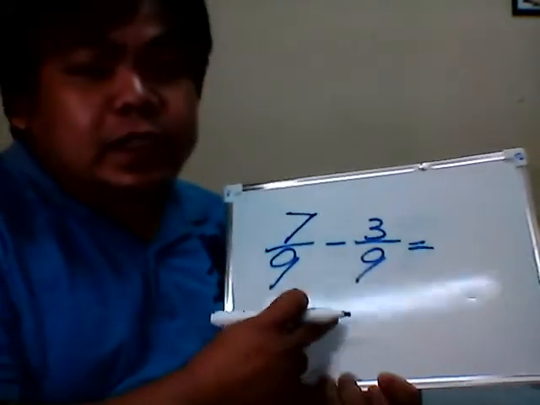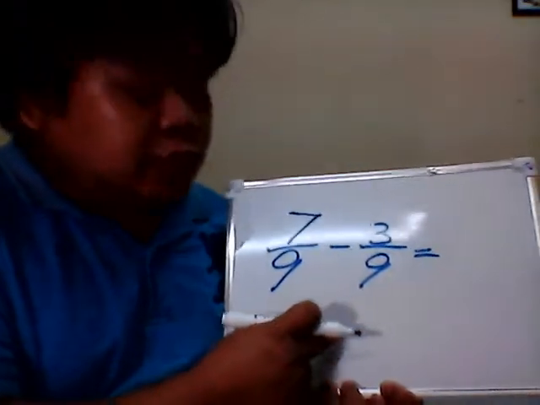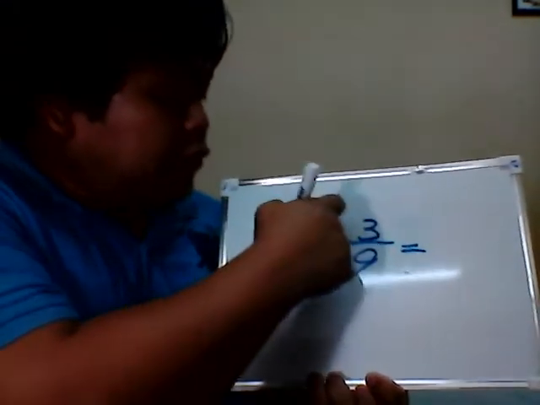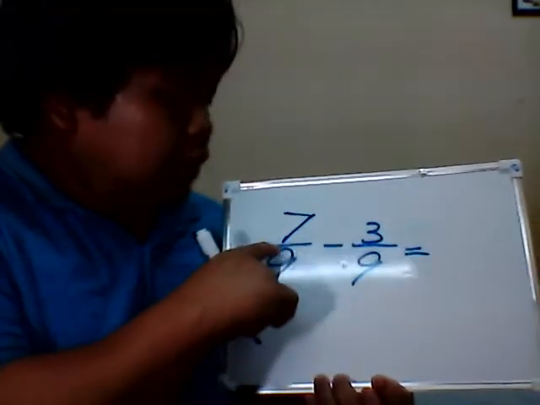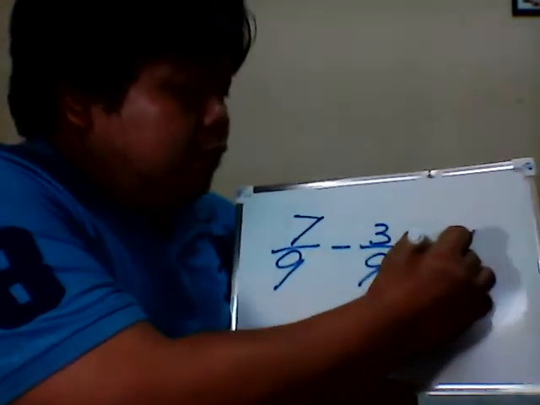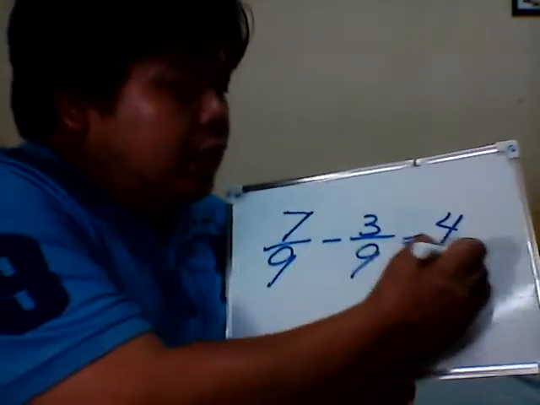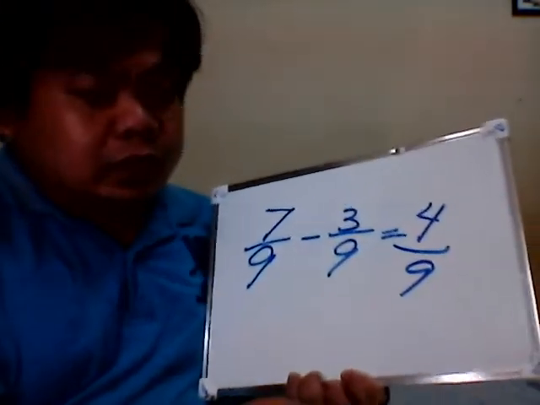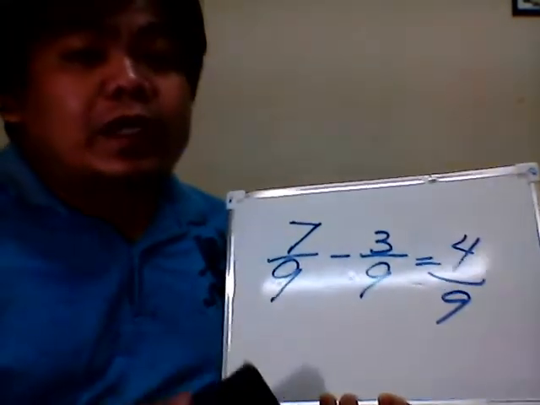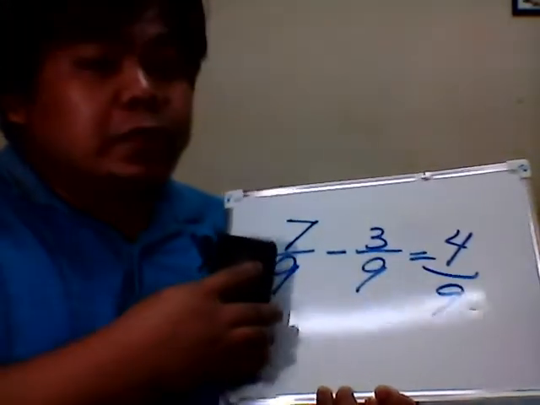So this is again a similar fraction because the denominators are similar. You just need to subtract the numerators, which is 7 minus 3. So that is 4. Okay? And then copy the denominator. So as you can see, it is easy to add and subtract similar fractions.